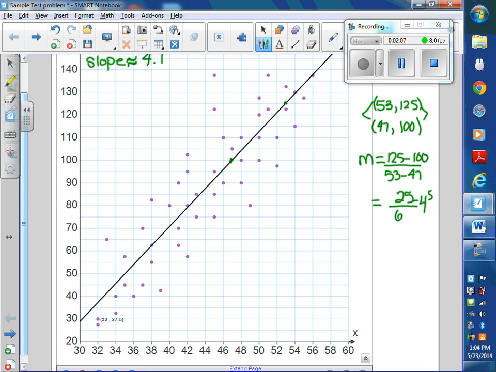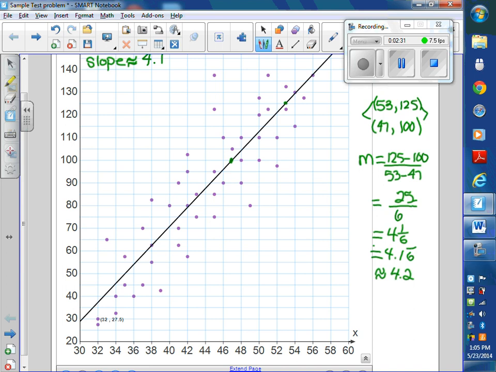Oh, sorry, 4.1. 4 and 1, 6, and that's about 4.16 repeating. So we're going to go with her slope of 4.2 for starters. Does that make sense? Okay.